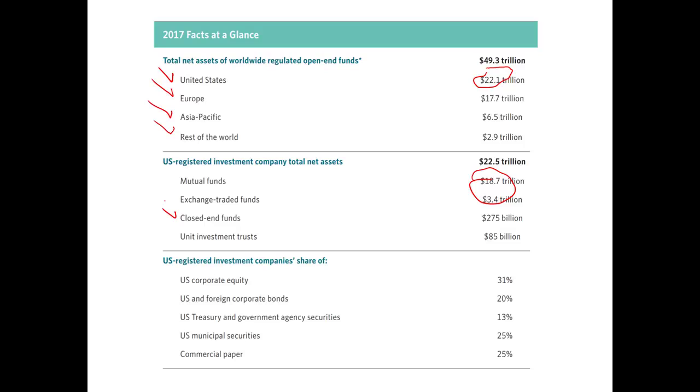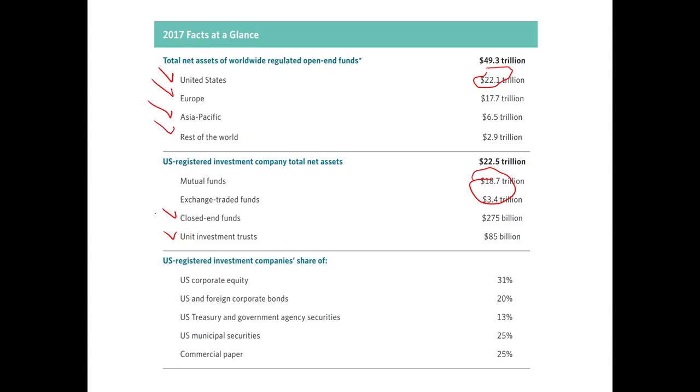So if you wanted to buy a share in a closed-end fund, you would need to find somebody who's selling their own shares in that same fund. And then just a tiny amount of money goes into unit investment trusts, which are like open-ended and closed-end funds in that they invest in underlying stocks and bonds, but they tend to have a fixed end point where the investments are liquidated and dispersed to the investors.